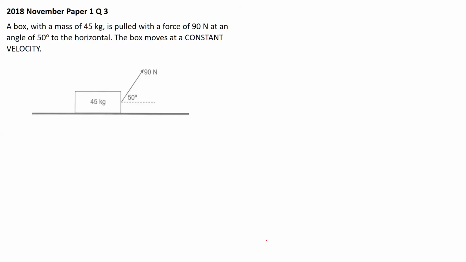Let's just stop there a bit. When you say an object is moving at constant velocity, it means that the acceleration of the object is 0 meters per second squared. This is because acceleration is defined as the rate of change of velocity.